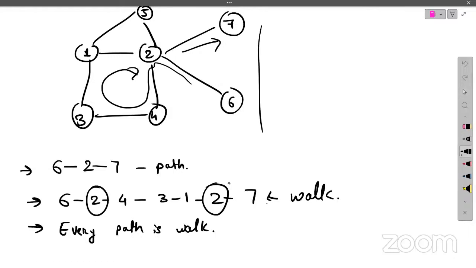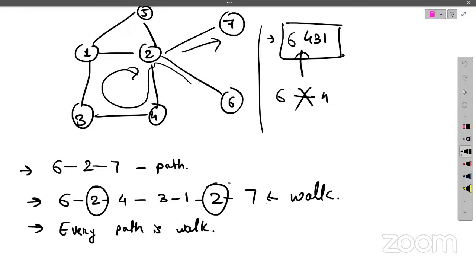I told you that a path is nothing but a sequence of vertices. Here we have 7 vertices. Suppose I take the sequence 6, 4, 3, 1. This is a sequence, but 6 and 4 are not directly related. There is no direct edge between 6 and 4, so you cannot say that this sequence corresponds to a path.